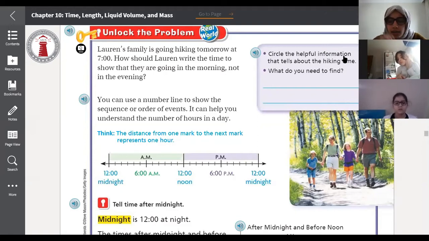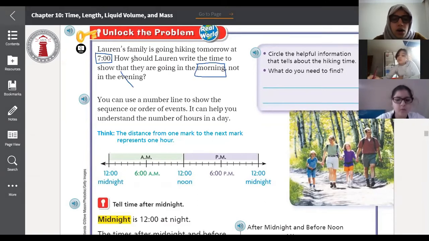Hiking means, for example, walking in nature and going uphill. They want to be ready at 7 o'clock, but 7 o'clock can mean morning or evening. So how should she write the time to show that they are going in the morning and not evening?